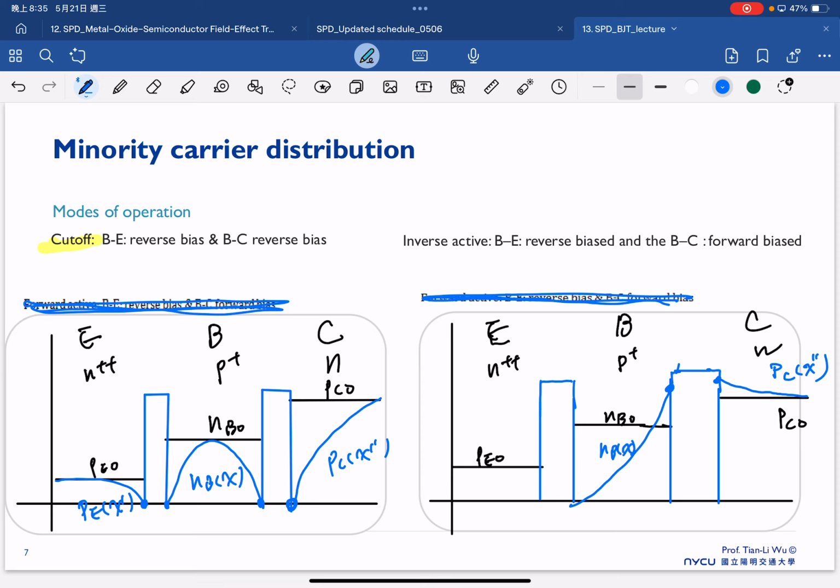And also we have this one, and then the same for this is a reverse bias, so it must be starting from the 0, and then in the end go back to the P0. So that's a PX prime here.